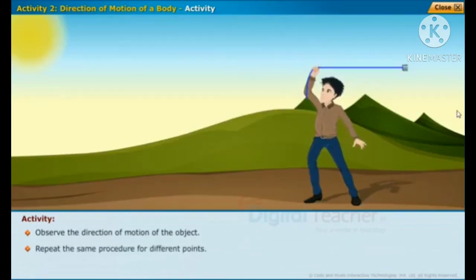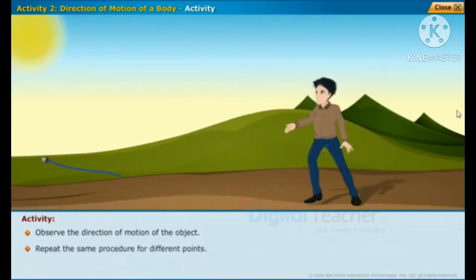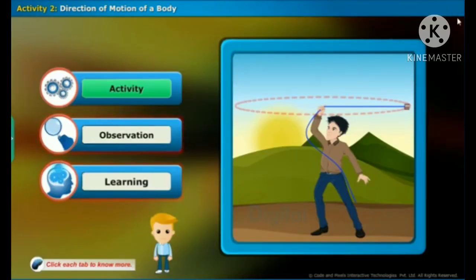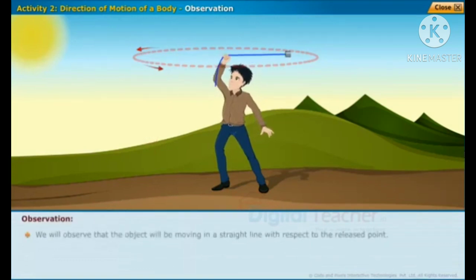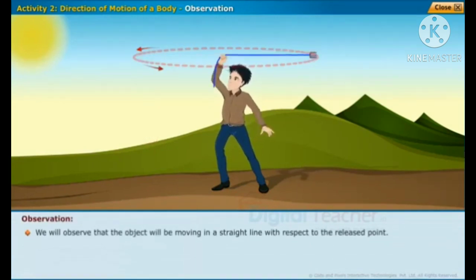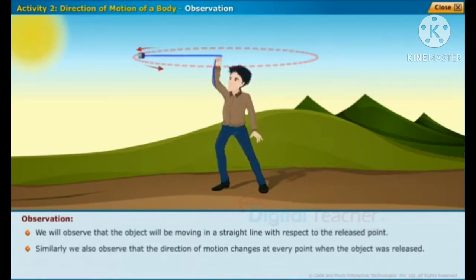Repeat the same procedure for different points. We will observe that the object moves in a straight line with respect to the released point. Similarly, we also observe that the direction of motion changes at every point where the object was released.